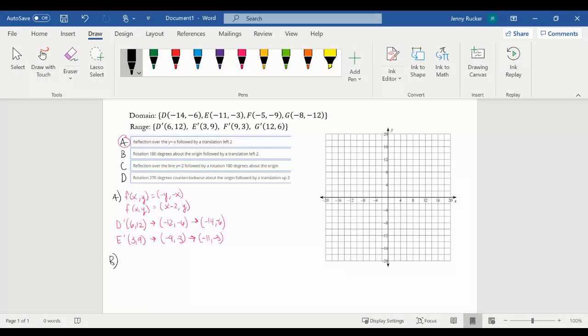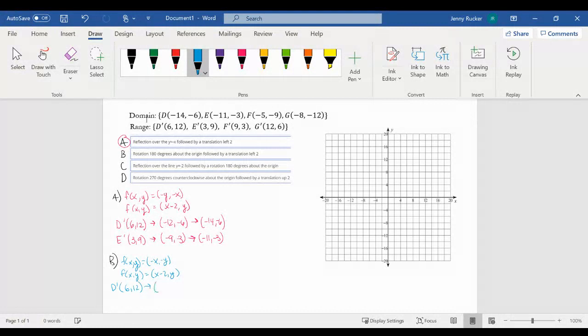For choice B, we have a rotation 180 degrees. So that's the function rule f of x, y equals opposite of x, opposite of y, followed by a translation left 2. So once again, that function rule is f of x, y equals x minus 2, y. Let's apply this to point D prime at 6, 12.